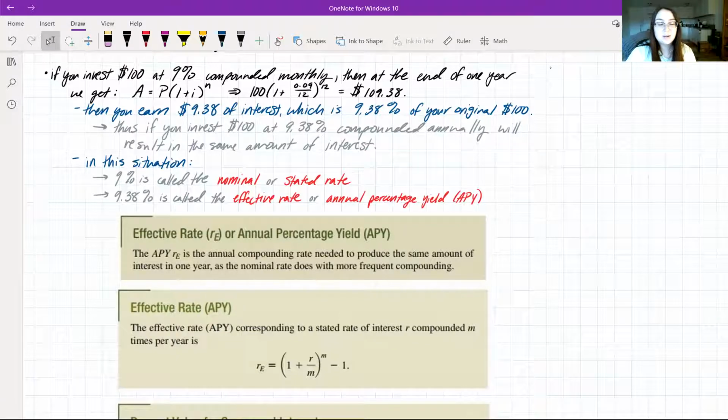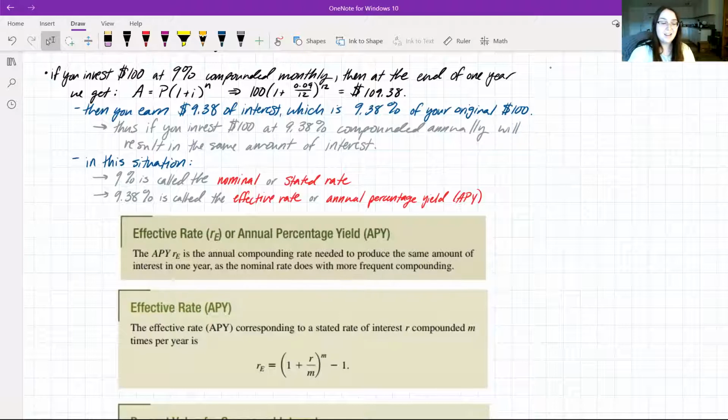So we earn $9.38 of interest, which is 9.38% of your original $100. Thus, if you invest $100 at 9.38% compounded annually, this will result in the same amount of interest.